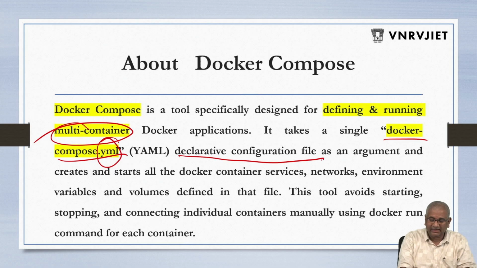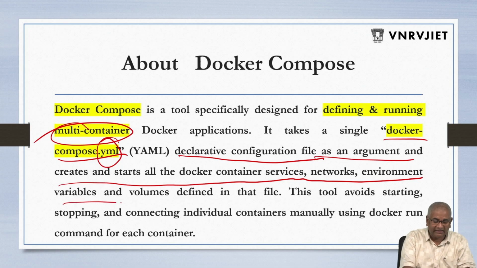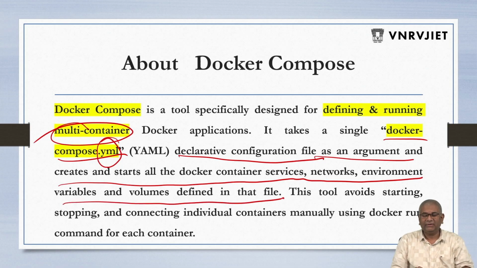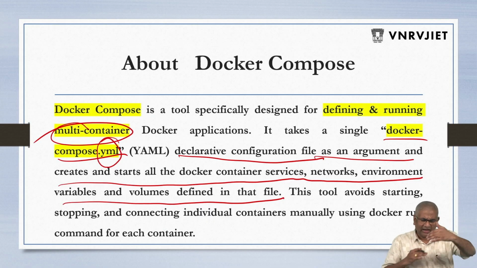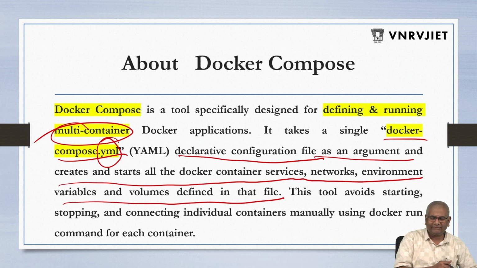It takes this declarative configuration file as an argument and creates and starts all the Docker container services, networks, environment variables, and volumes defined in that file. If you didn't have this, you would end up typing a lot of commands at the command line interface. To reduce the burden of typing repeatedly, this Docker Compose file has been written.